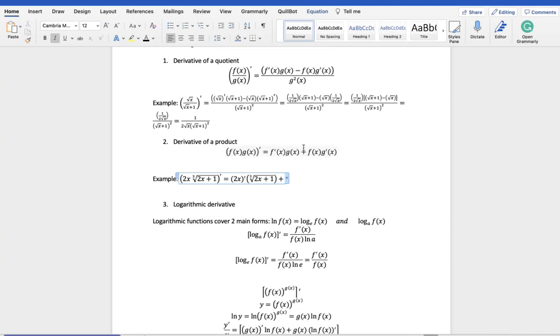I'm looking at the general formula here. Our 2x multiplied now by the derivative of our cubic roots.